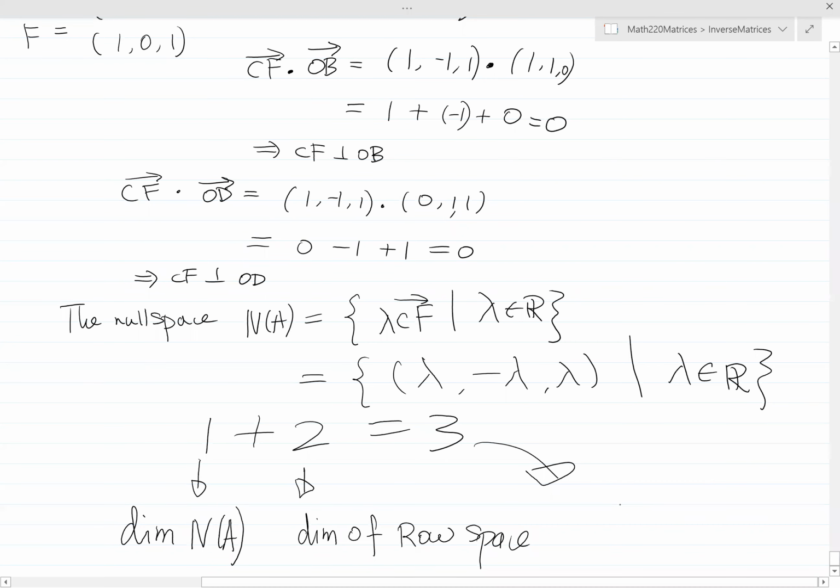So this should be the number of columns of A.